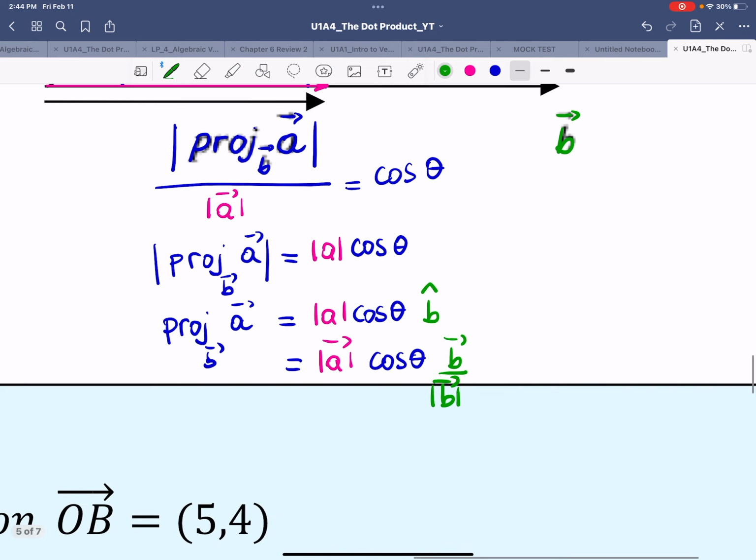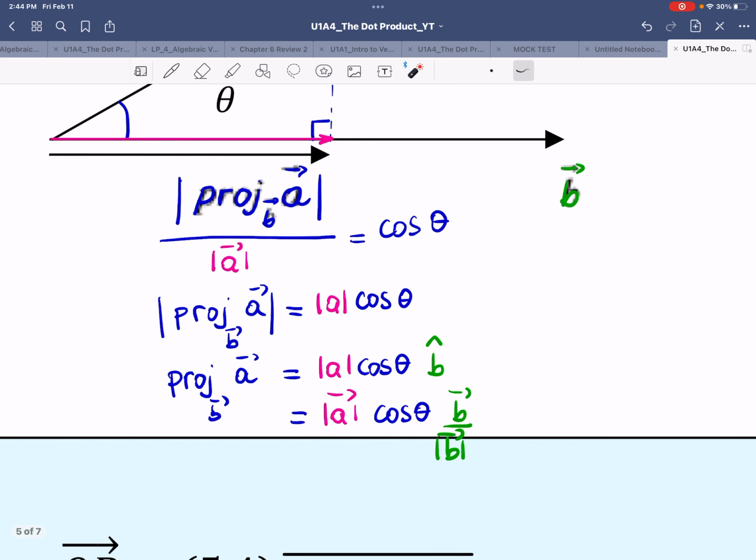Now, to make things more interesting so that we find more connections between the projection and the dot product that we just learned, we're going to do something fancy here. We'll multiply the whole expression by magnitude of B over magnitude of B, which is practically multiplying by 1.